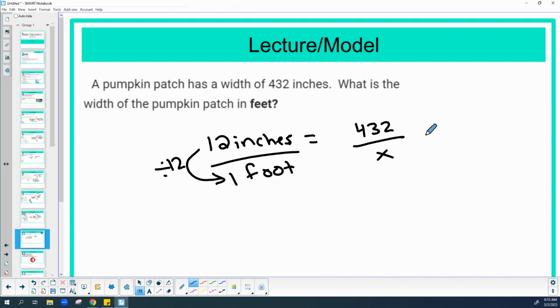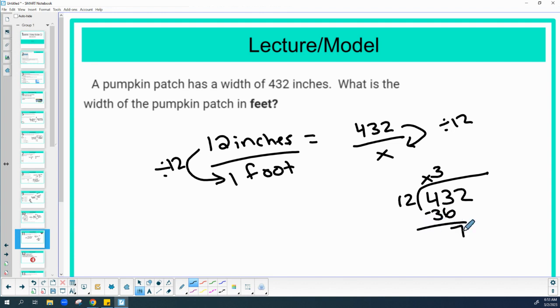So if my vertical pattern is divide by 12, I'm going to take 432 and divide it by 12. All right. 12 does not fit into 4, so I'm going to put an X. 12 does fit into 43 3 times. 12 times 3 is 36. Subtract, you get 7.